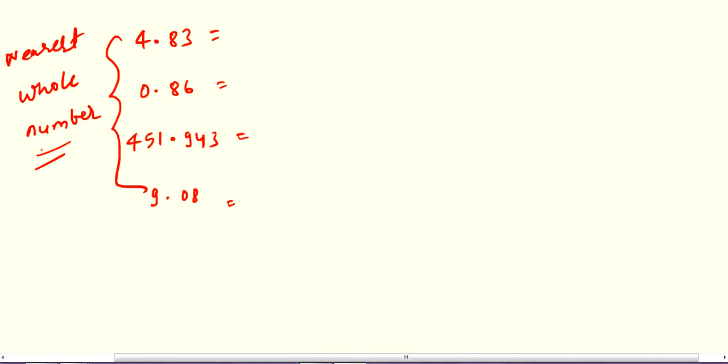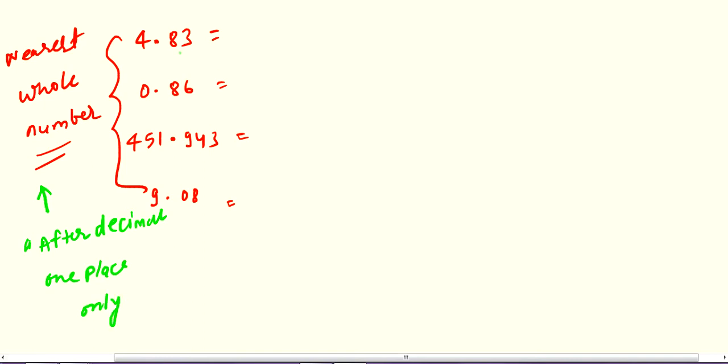For that there is a rule. After the decimal you should have only one digit. If you have a question to convert or round off to the nearest 10, for that also one condition is there: after the decimal you should have one place only.